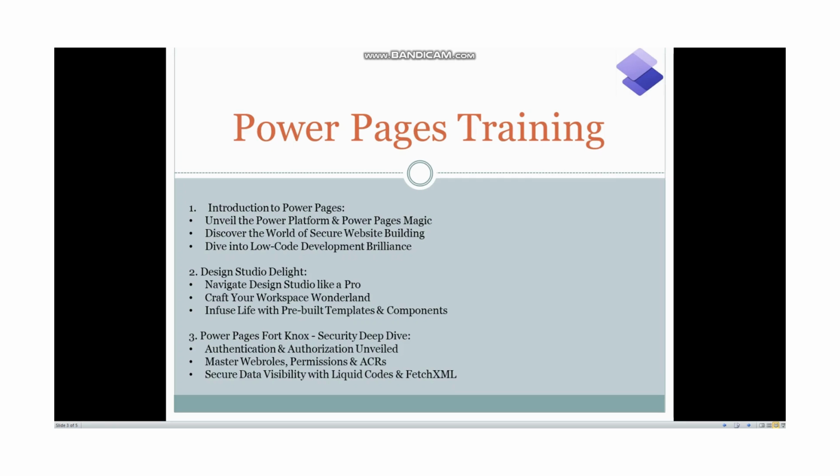Another is the design studio. We can create the design by using OOB, meaning Microsoft out-of-the-box functionality. There is a workspace and pre-built templates and components, meaning we have multiple templates created by default, like education, industries, permits, portals, and all kinds of functionality.